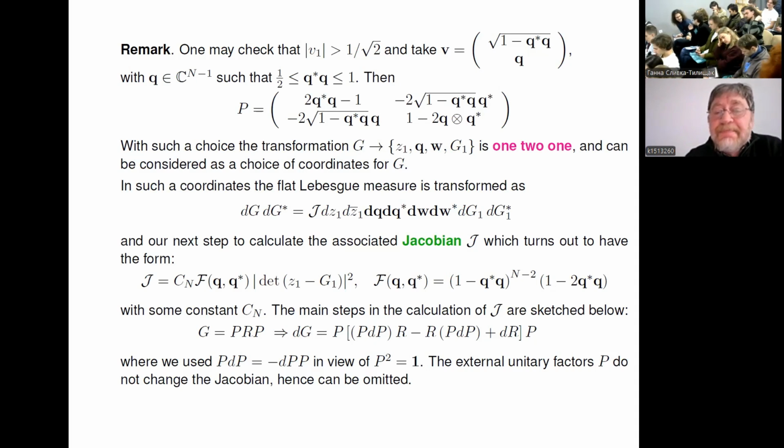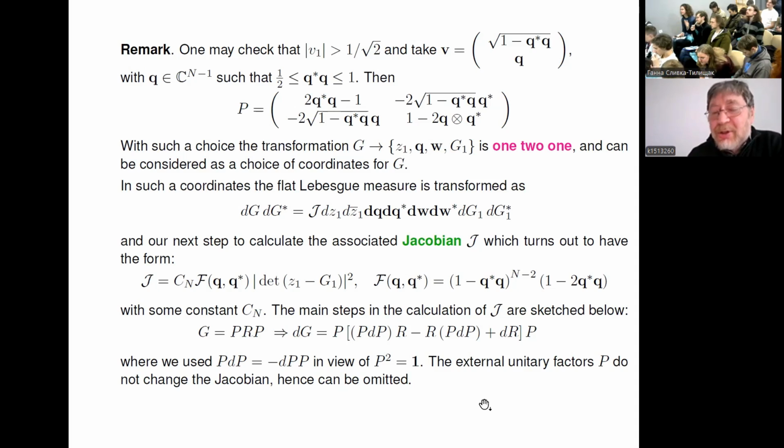We are doing a change of variables, from one set of coordinates on this matrix, which is just element-wise, to new coordinates.